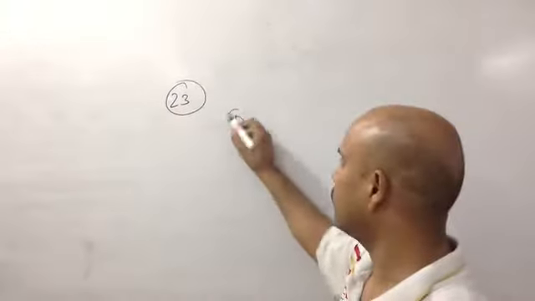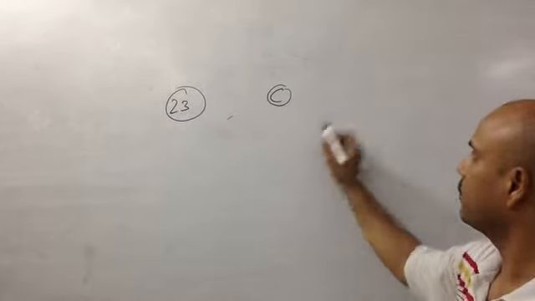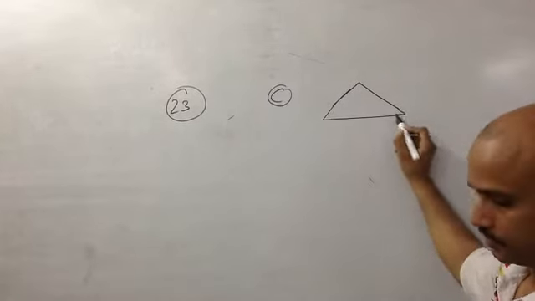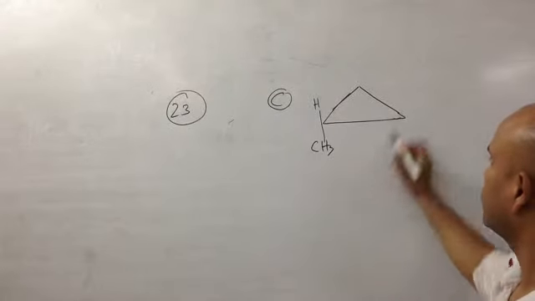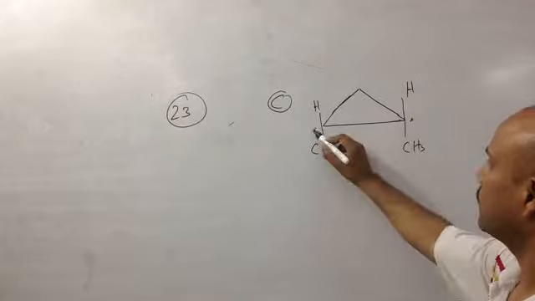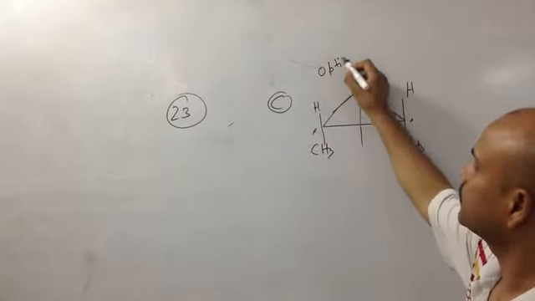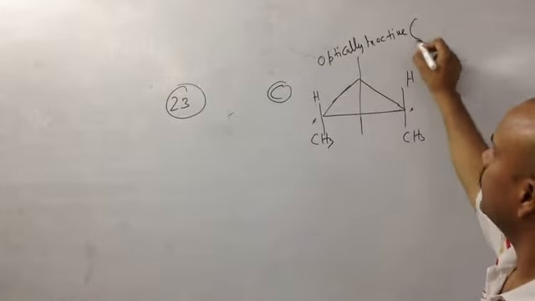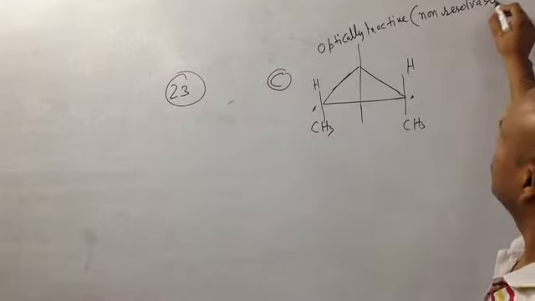I just discussed option C and option D. Option C has this structure, HCH3, HCH3. See, this is a chiral center, but it has planar symmetry, so it is optically inactive. That's why non-resolvable.